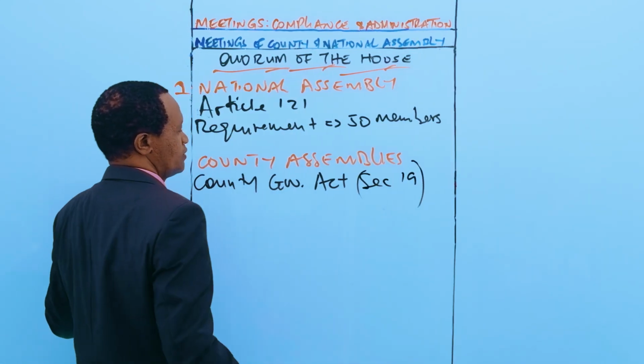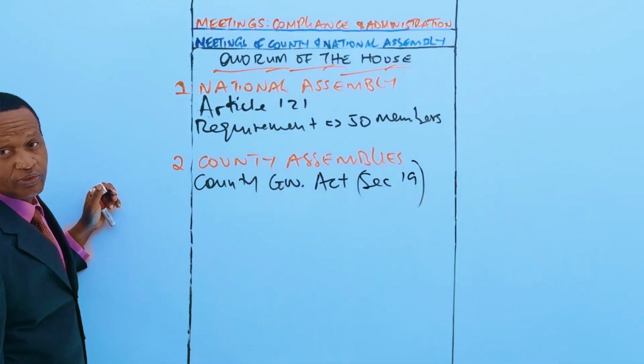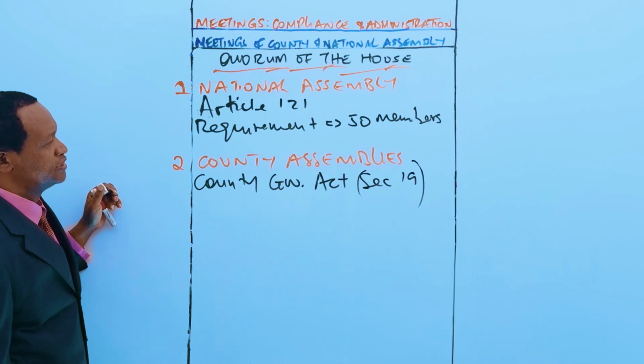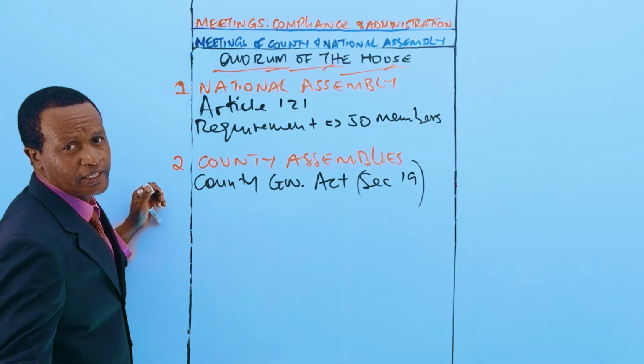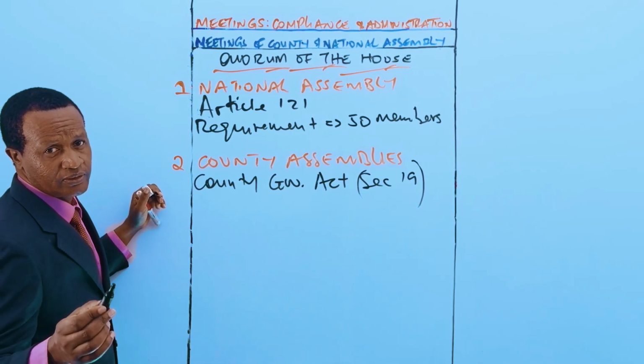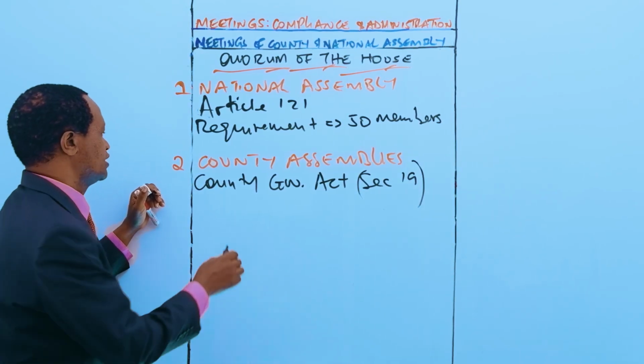Section 19 of the County Government Act sets the quorum for county assemblies. All right? And what is the requirement?